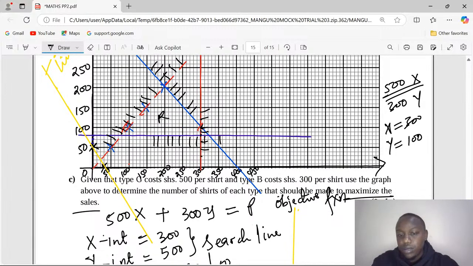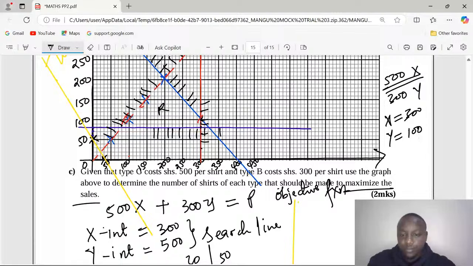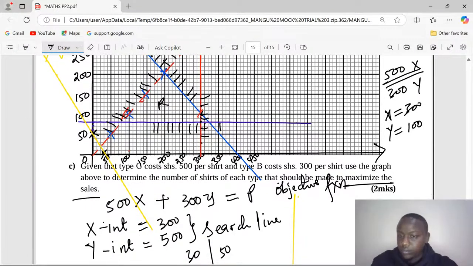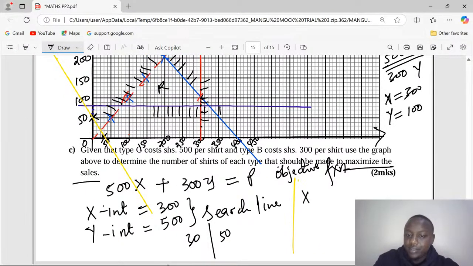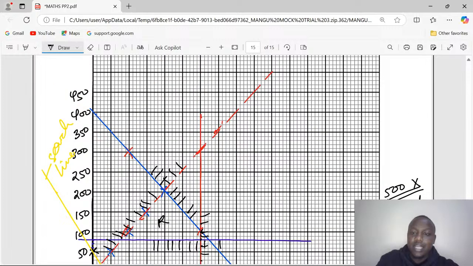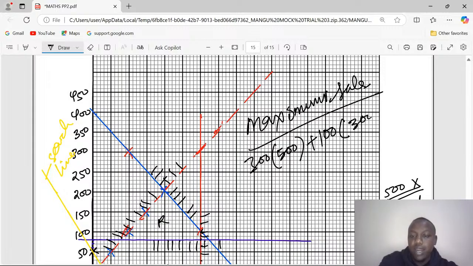Therefore, we will talk of x equals 300, y equals 100. So maximum sales are going to be 300, each going for 500, plus 100, each going for 300.